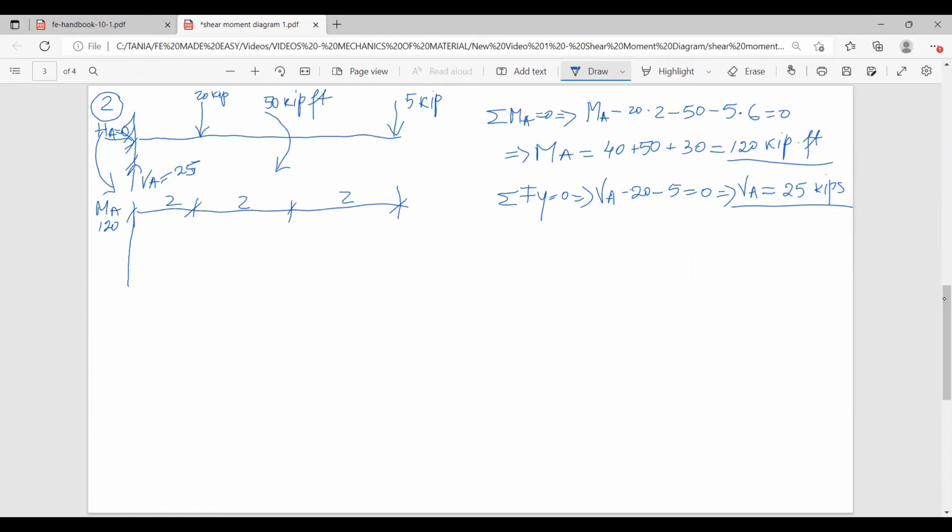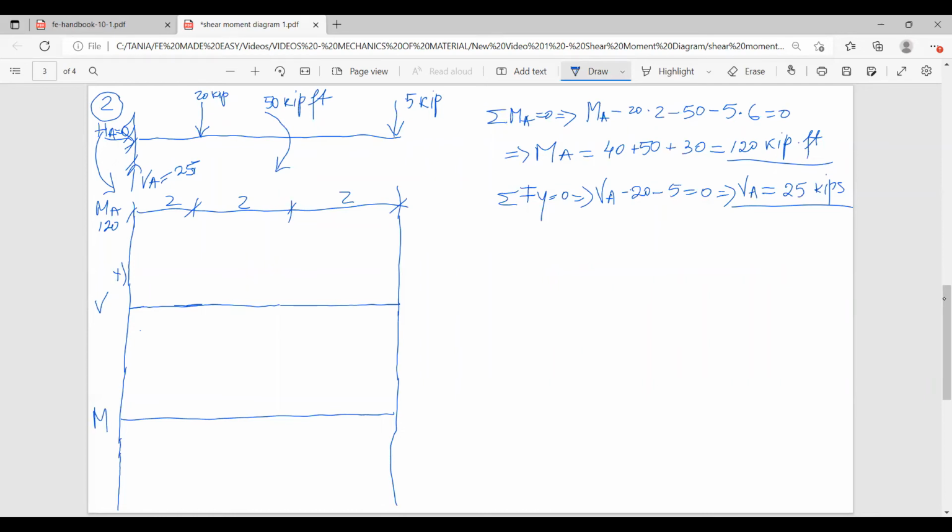And now let's draw the shear moment diagram. We have shear and we have moment here, positive, negative. Okay, let's start with the shear. We start at 0 and have to go up 25, and of course I forgot to draw this.